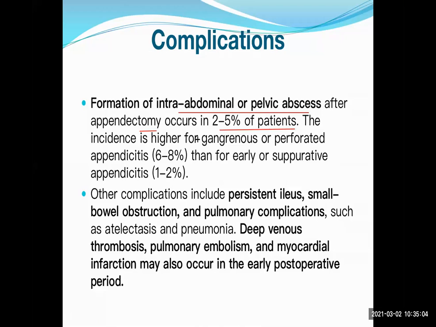The incidence is again higher for gangrenous or perforated appendicitis than for early or suppurative appendicitis, so the late case will have more chances. Other complications include persistent ileus, small bowel obstruction, and pulmonary complications like atelectasis and pneumonia.